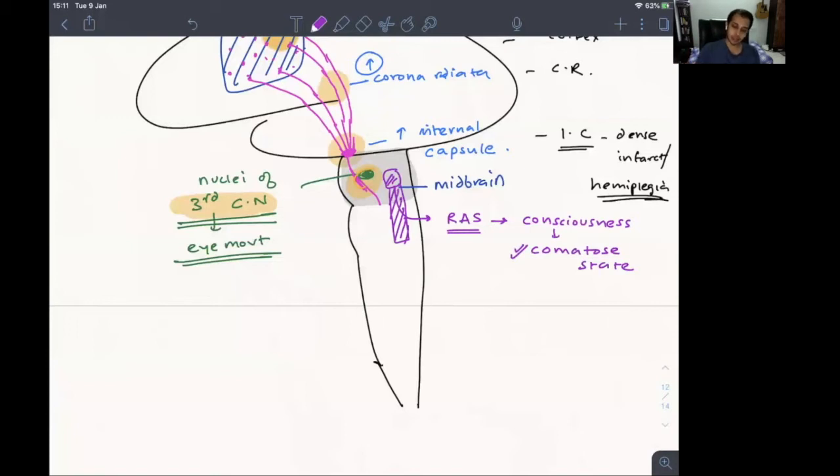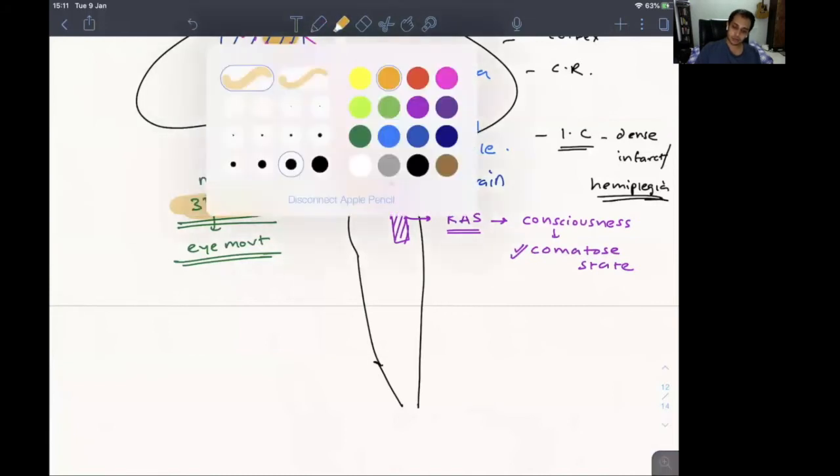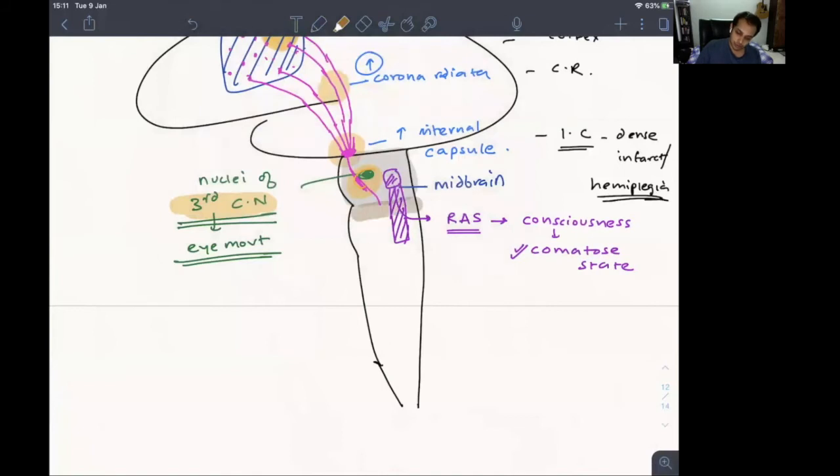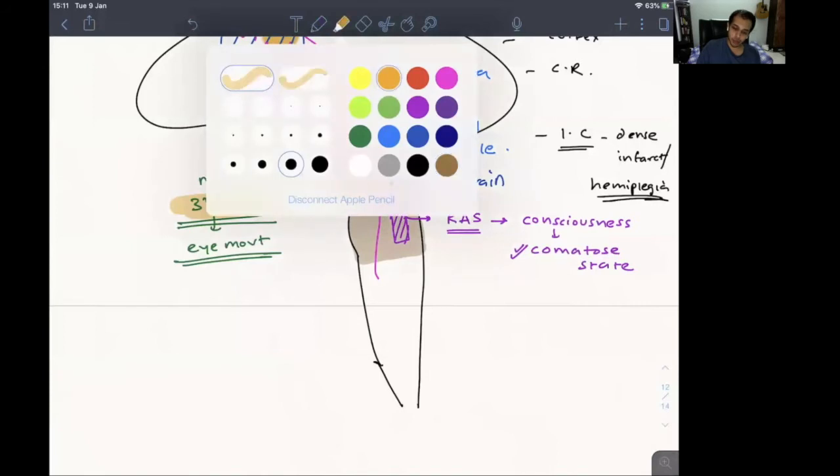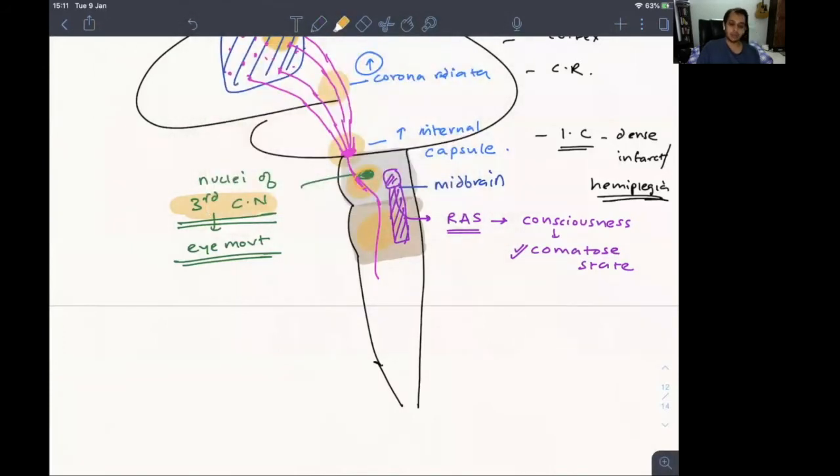Okay. Now coming a little below to the pons. So now your pyramidal tract is in the pons, and if there is a lesion in the pons, what would happen is your pyramidal tract will be involved, and there will be involvement of some other nuclei in the pons, and those are your sixth and seventh cranial nerves.